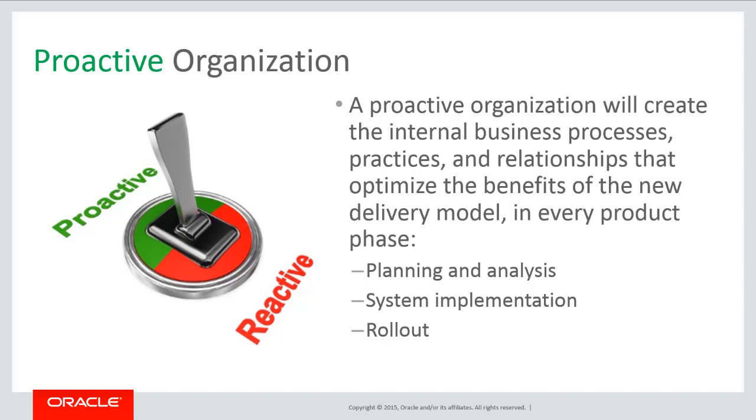They know that they have the opportunity to rethink the way that they've approached maintenance, and they also know that there is no future big massive upgrade several years out, so they're rethinking the way that they have to take new features. They know that this changes every aspect of the software process, in planning, in analysis, in implementation, and in rollout. Proactive organizations are putting plans together that let them take full advantage of selective adoption.